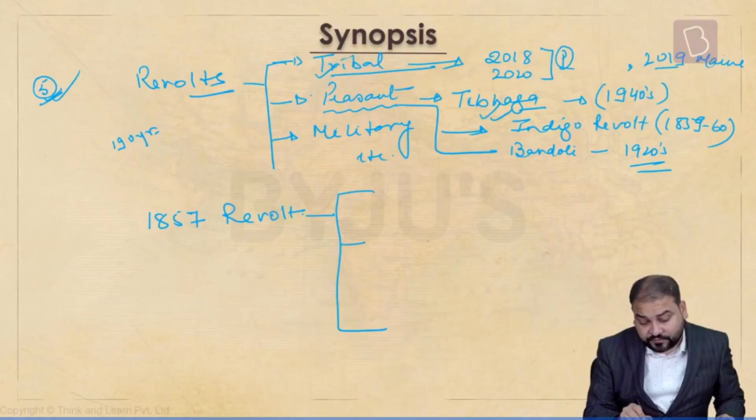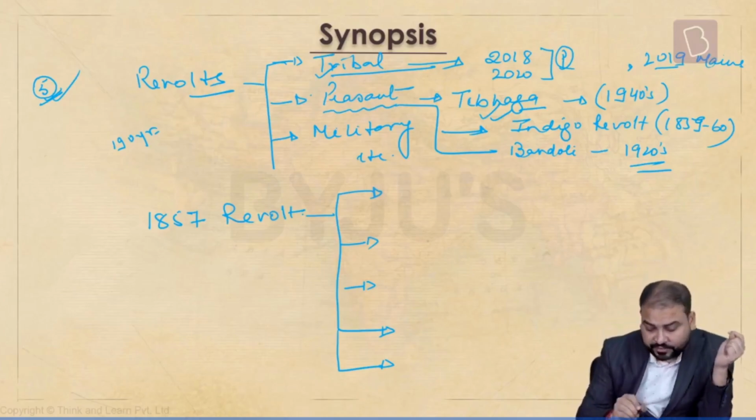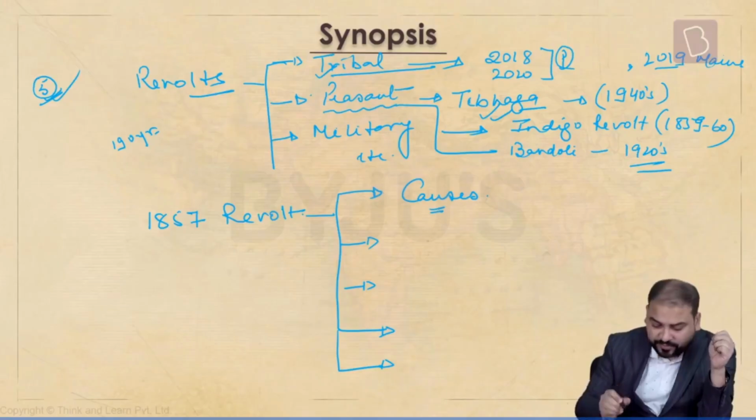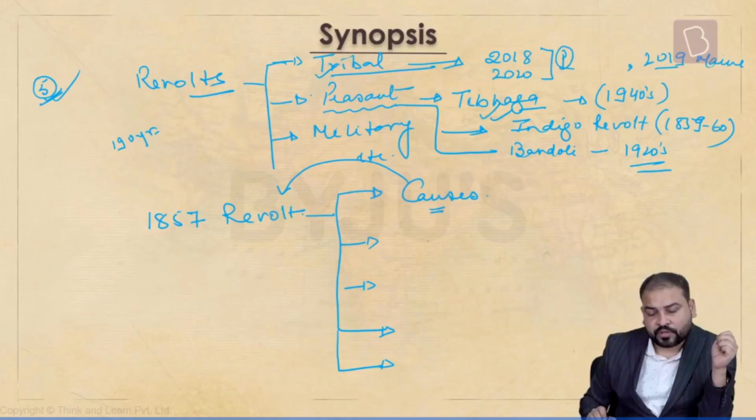Now, under 1857, if we come, basically there are 5 things that we need to study. Number 1 will be, what were the causes of the revolt? Why did these revolts happen? Or specifically, why did the 1857 revolt happen?